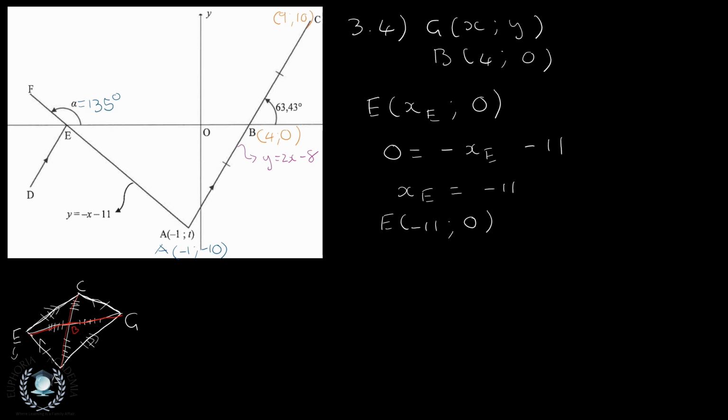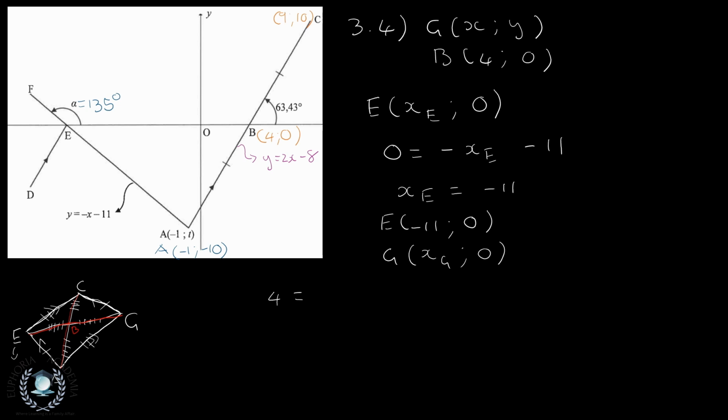Okay, like I said, now we're going to use the midpoint theorem to find the point G. Because we know that G also lies on the x-axis, because E to G is a diagonal that has to be on the x-axis, we know that for G, the y coordinate is 0 and the x coordinate is what we're trying to find. Now, using the midpoint theorem, we know that B is at the midpoint where they bisect, and the x coordinate of that is 4.